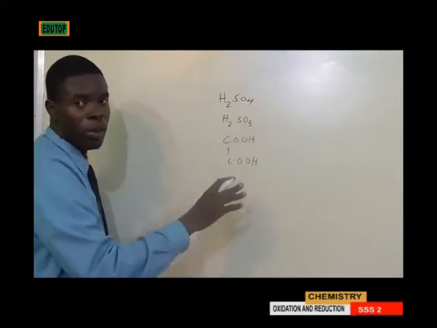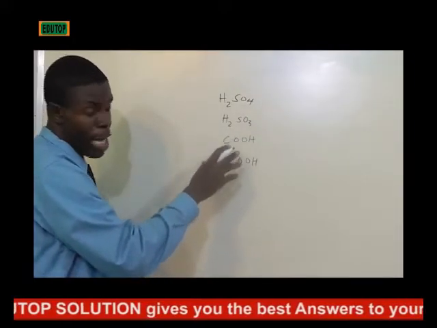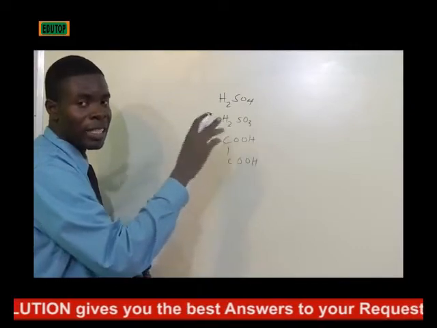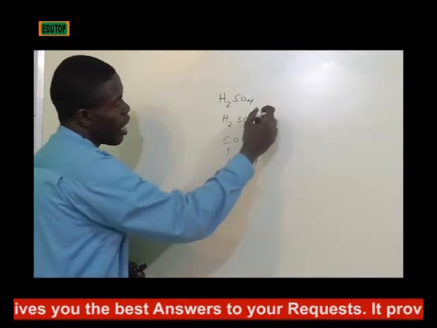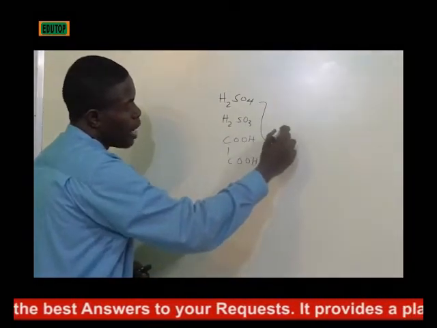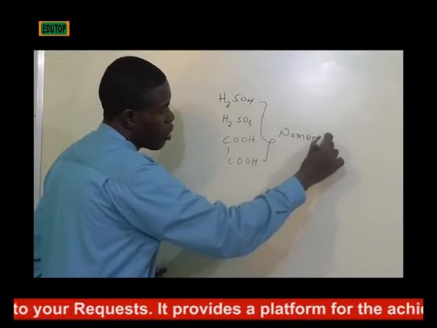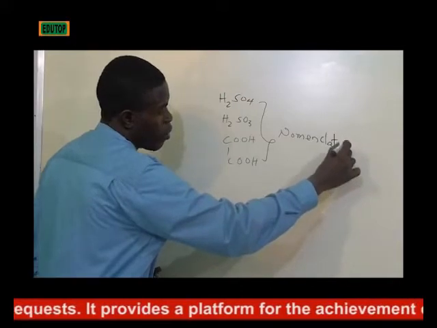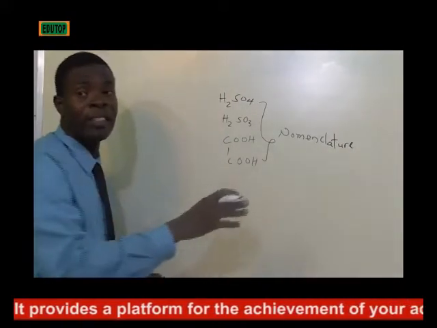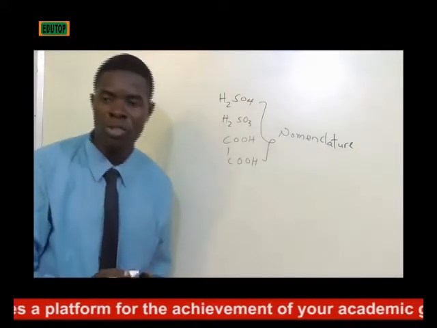So that is what is responsible for the name, ethane dioic acid. This here you call the nomenclature, which is very extensive in organic chemistry.